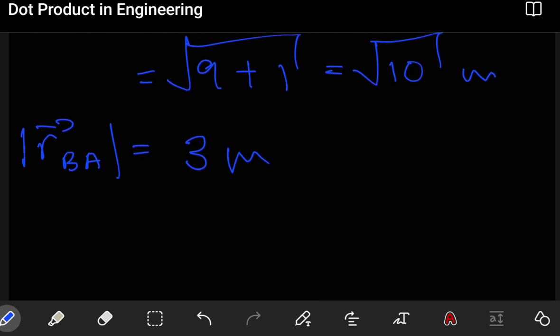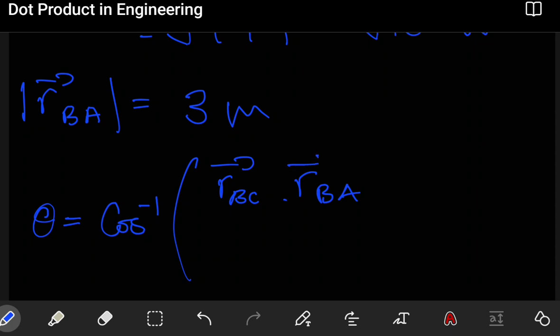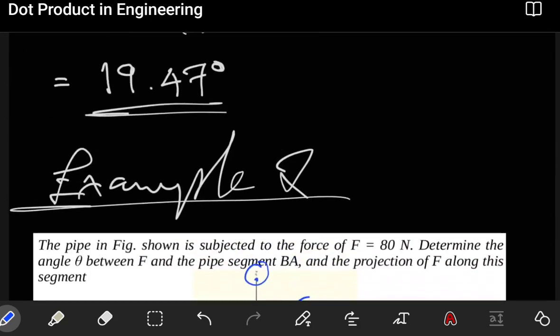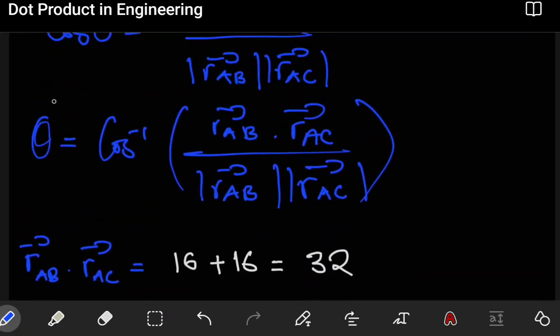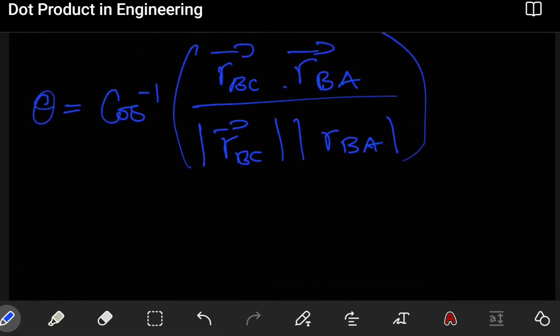Now that we've got the vectors and their magnitudes, again, we're going to take advantage of the expression we derived earlier. The angle between any two vectors will be equal to cos inverse of, in the numerator, their dot product, which is RBC dot RBA, and then divided by the product of their magnitudes, RBC and then RBA. We already saw this expression when we were working out the previous example. Based on that, we can make the substitutions.